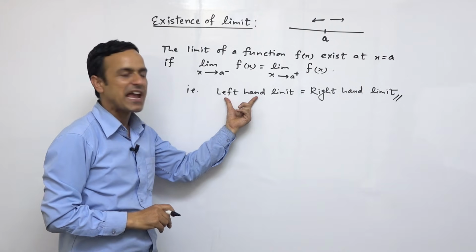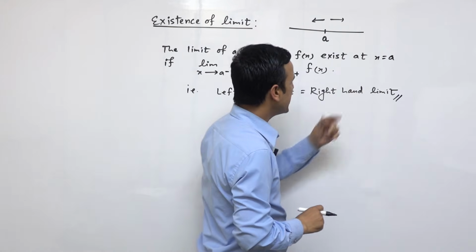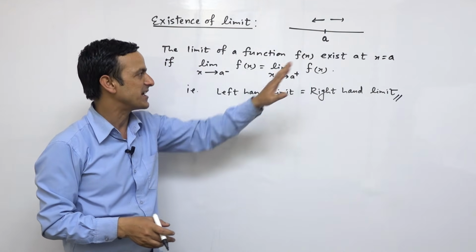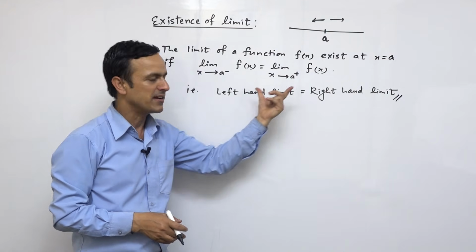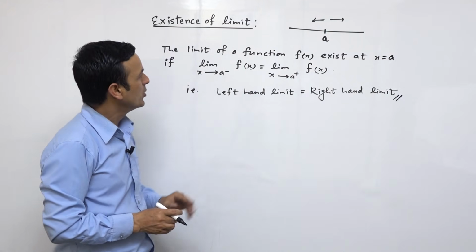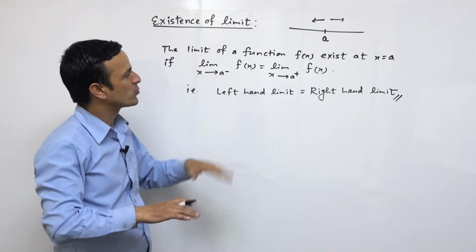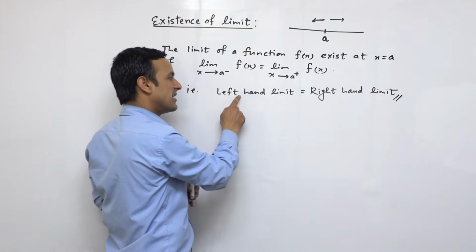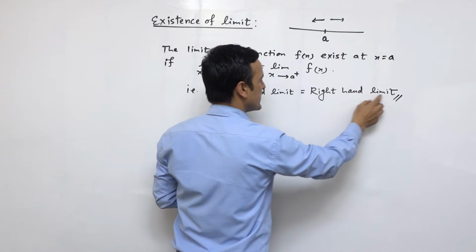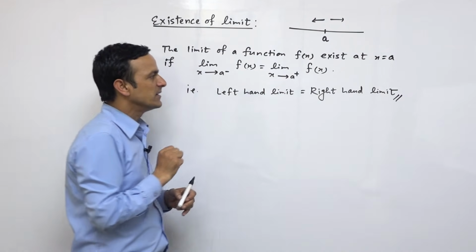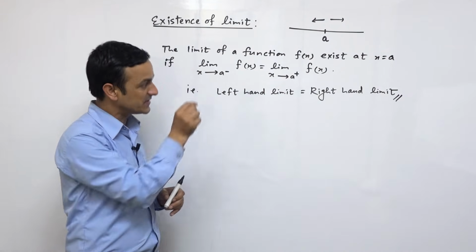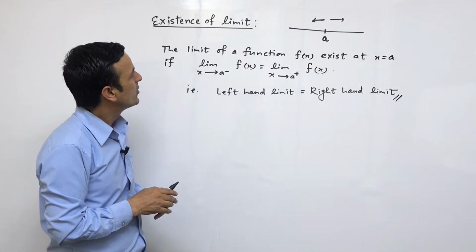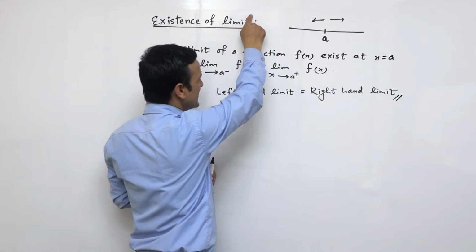So it gives the side, left hand side and right hand side, and the limiting value obtained from left side or right side is known as left hand limit and right hand limit. So for existence of limit or to find the value of limit, first of all we find left hand limit, then after right hand limit. If they are equal, then this is the limit of that function. So we have many questions to find the value of limit.